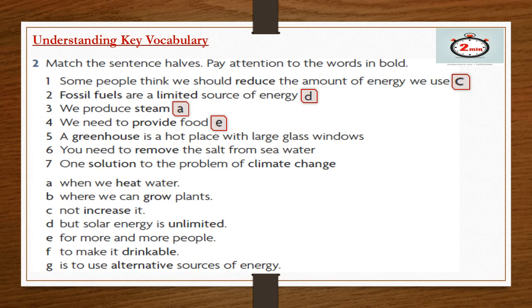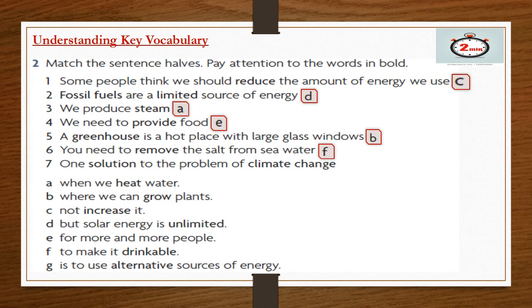We produce steam when we heat water. We need to provide food for more and more people. A greenhouse is a hot place with large glass windows where we can grow plants.